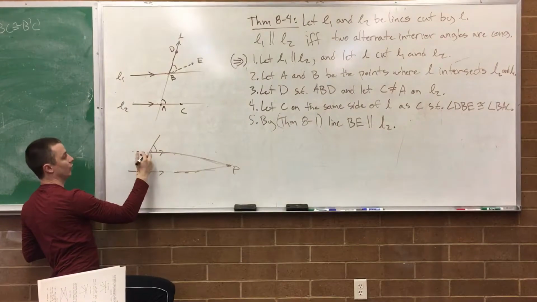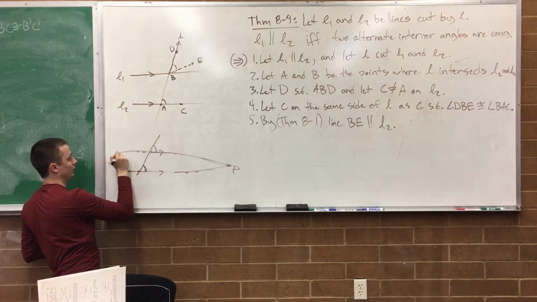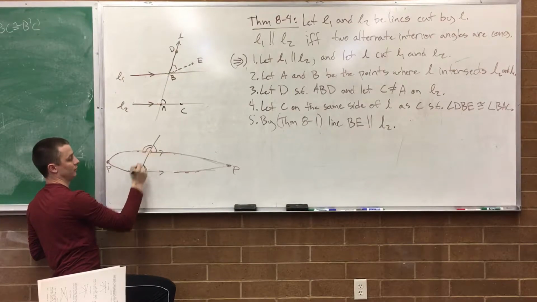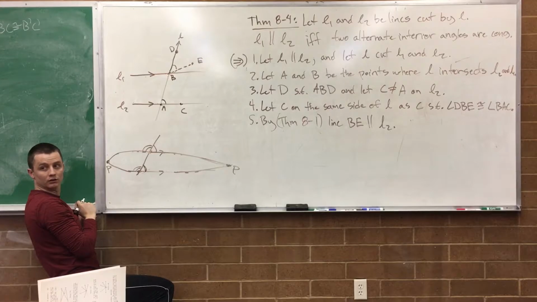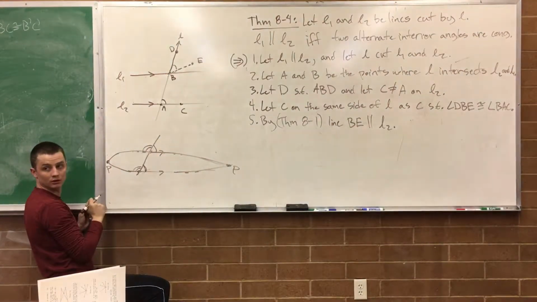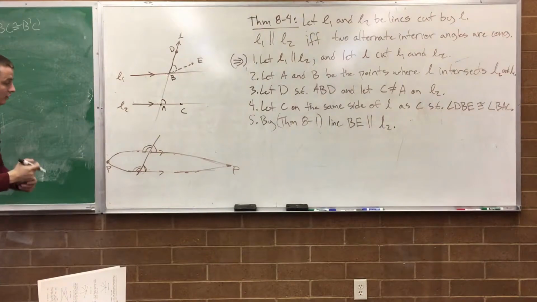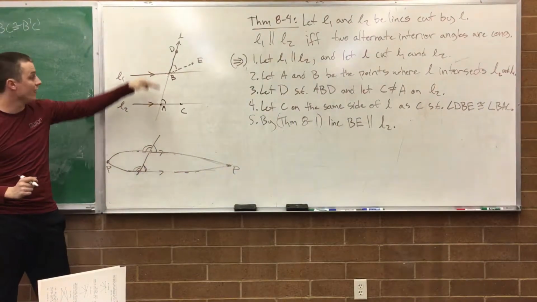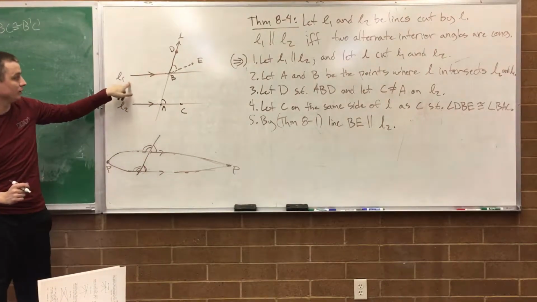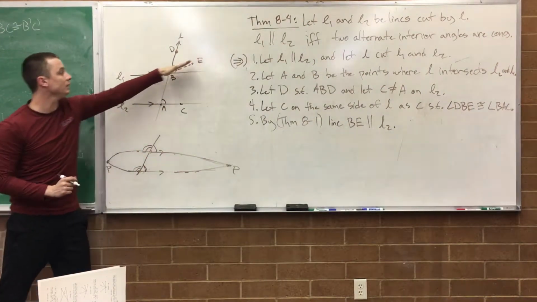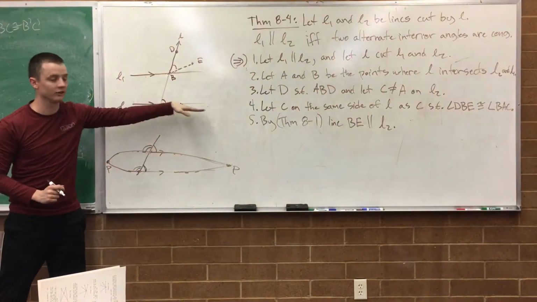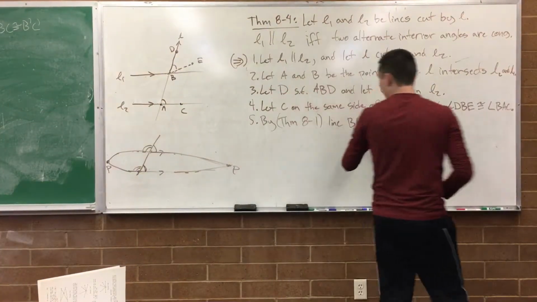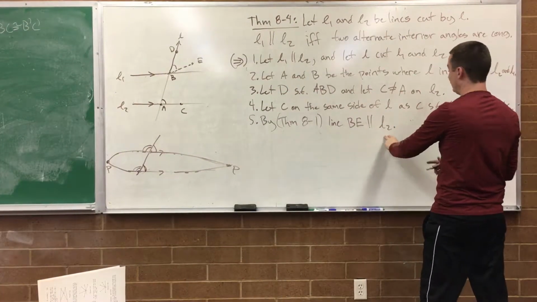Notice that if it intersected over here, we have the exact same argument, because if that's congruent to that, then this is congruent to this, because they're supplementary angles. So if this angle is congruent to this angle, then this line, BE, has to be parallel to this line. Does that make sense? So by theorem 8.1, line BE has to be parallel to line L2.